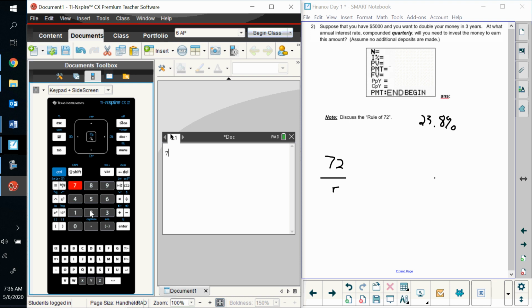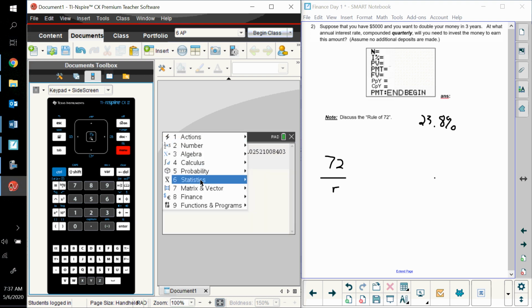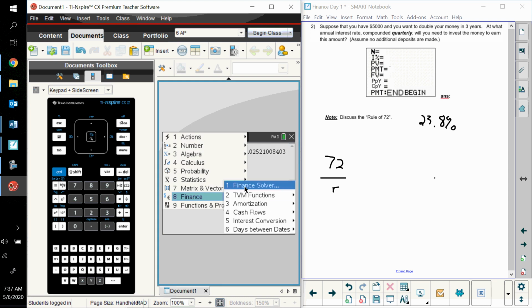So if I escape out of here, let's just try it with what we found. 72 divided by 23.8. It's about 3 years. Okay, so it's rough. It gives you a rough idea. So it's just a quick way of how you can determine the doubling time really quickly.